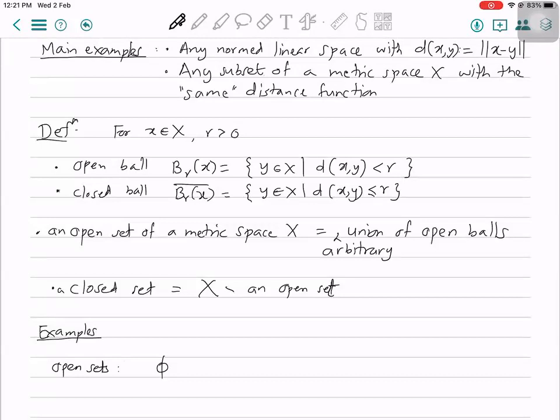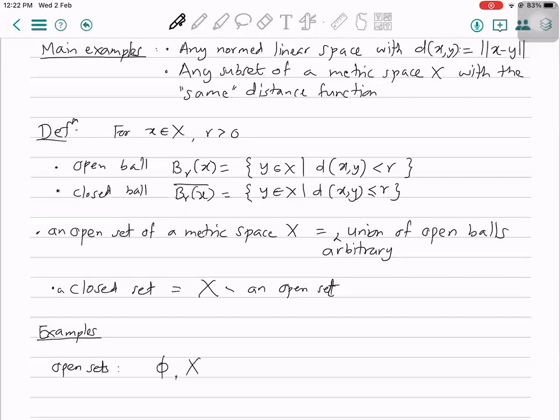So what union gives me the empty set? Remember, union means I have given a family of sets, that is a set of sets, and I take the union of all the sets in this family. So here I'm taking the empty family, correct? Okay. So very good, open sets.